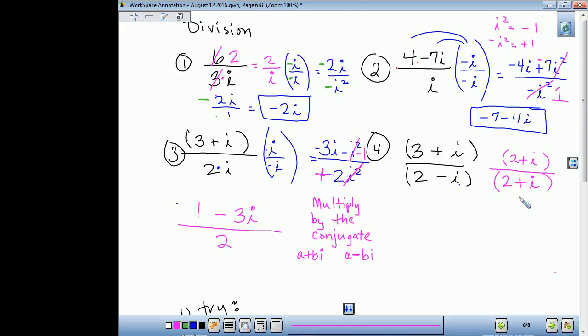Every time. Okay? So when we distribute the denominator, the 2 times the 2 is 4. The 2 times the i is positive 2i. The negative i times the 2 is negative 2i. And then the negative i times the i is negative i squared.